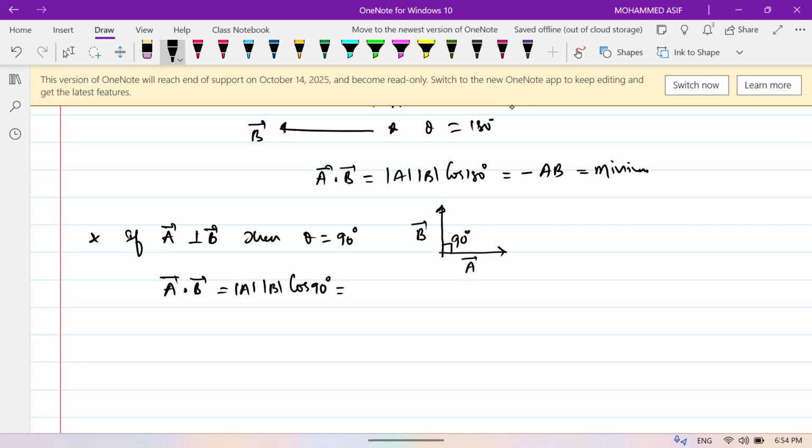Cos 90 is how much, beta? 0. I can say that A bar dot B bar will be equal to 0. Am I clear? So dot product of two perpendicular vectors is always how much? 0. If the dot product of two non-zero vectors is 0, then they are perpendicular to each other. You need to remember that one, beta.